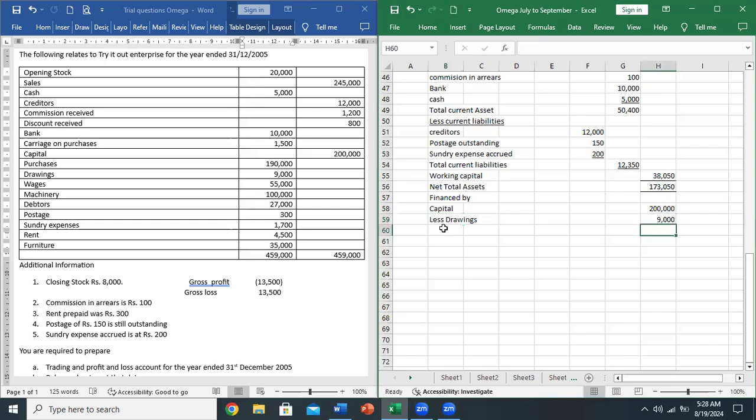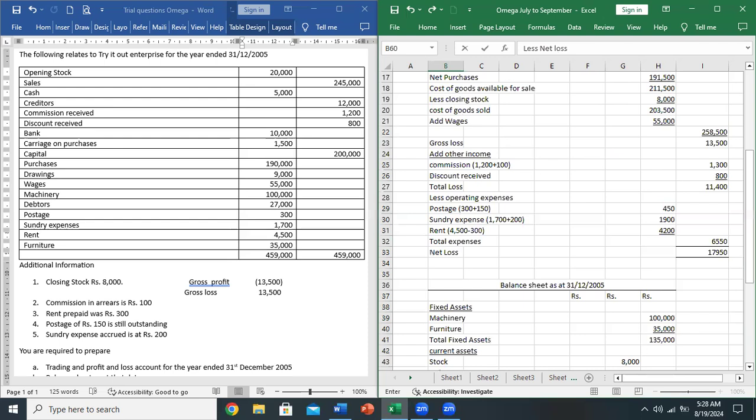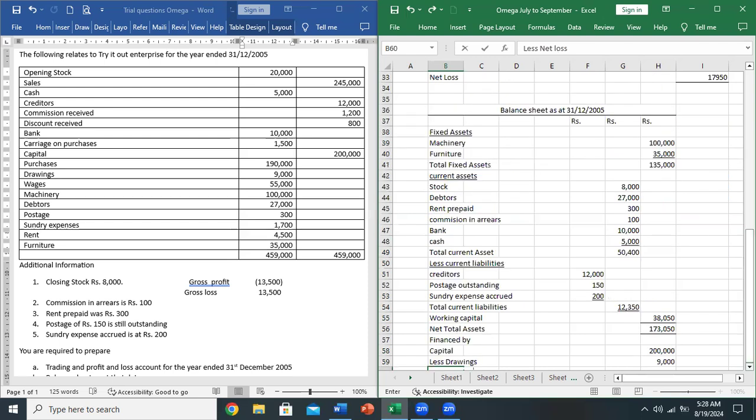And then in this question, we had a net loss. So we are also going to less the net loss. If it was a profit, you add. But here we had a net loss. So we are going to less the 17,950. That's the net loss.